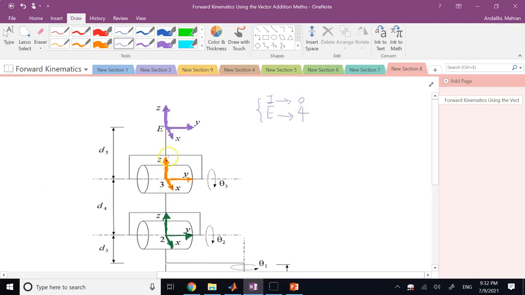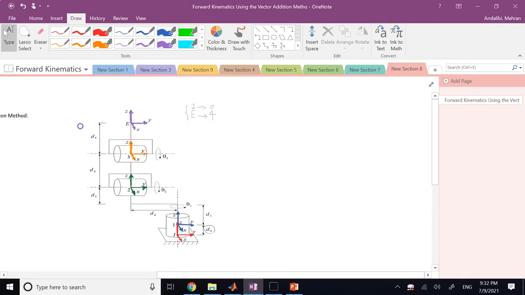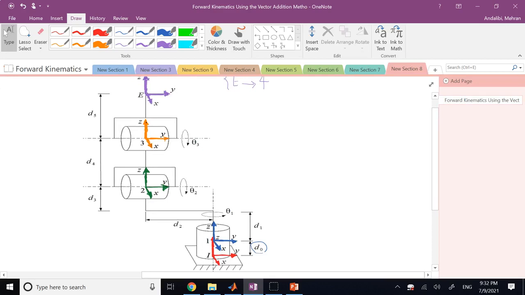The next X and this Z also do. In the first one also they're good. The only place where X is not perpendicular to the previous Z and intersecting it is going from frame 1 to frame 2, where you see that rule is not observed.